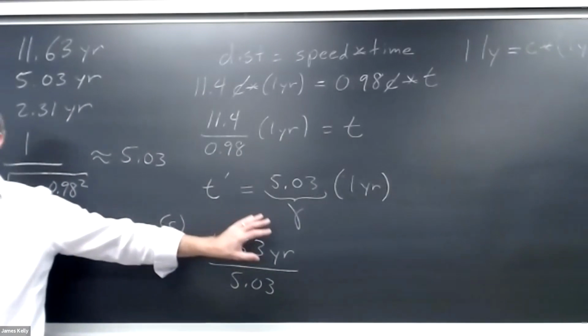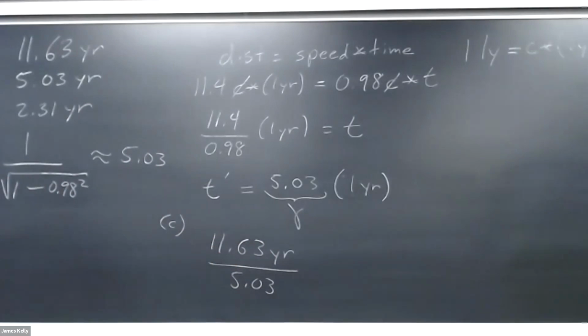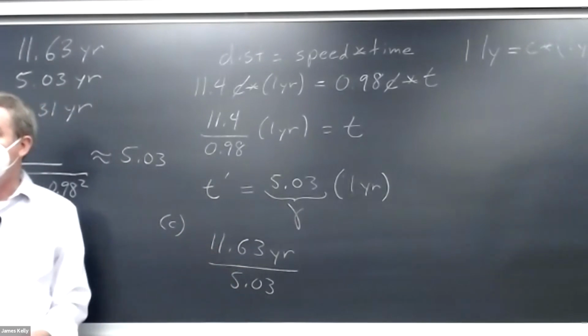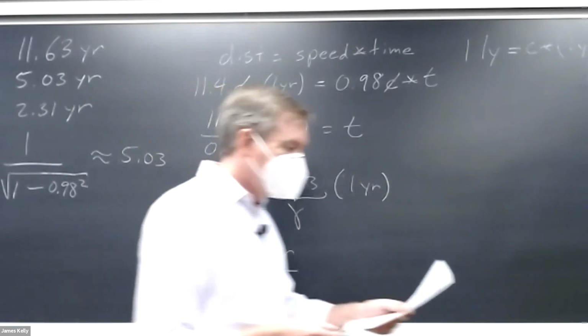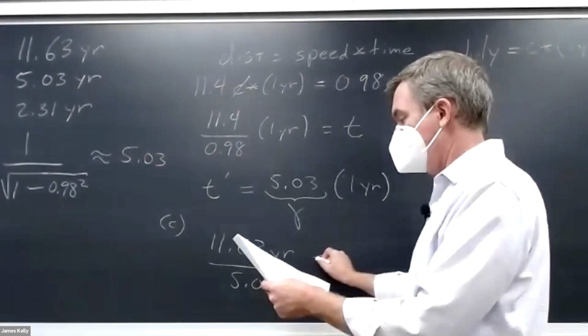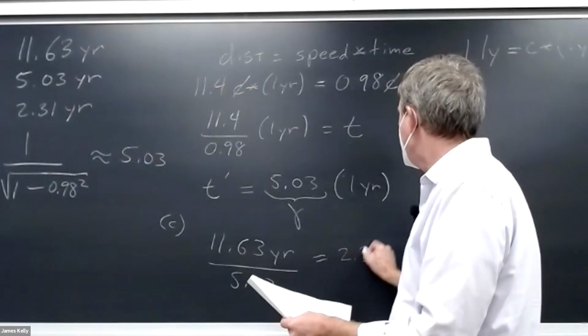That's a little bit confusing because the tick takes longer to occur, but the amount of time they experience psychologically, physically, biologically in the ship is going to be smaller. And so we've got to divide by that corresponding factor of gamma. You have to think about that a little bit to make it clear. In any case, this ends up being 2.31 years.